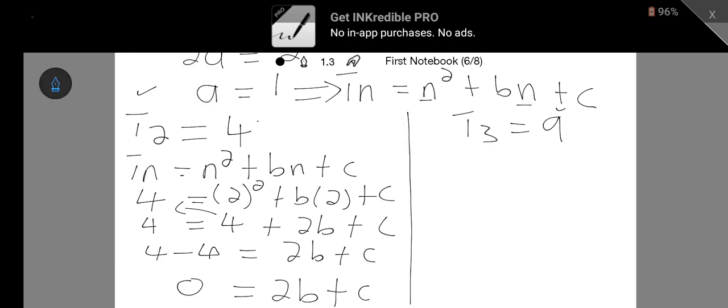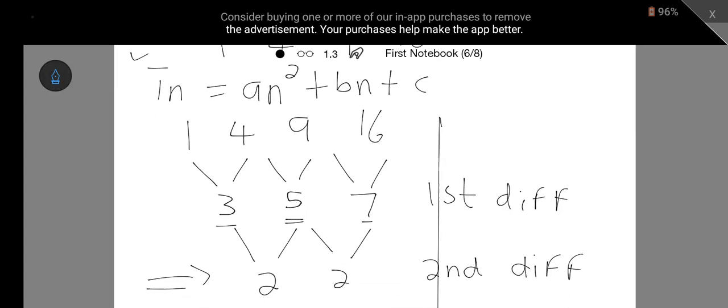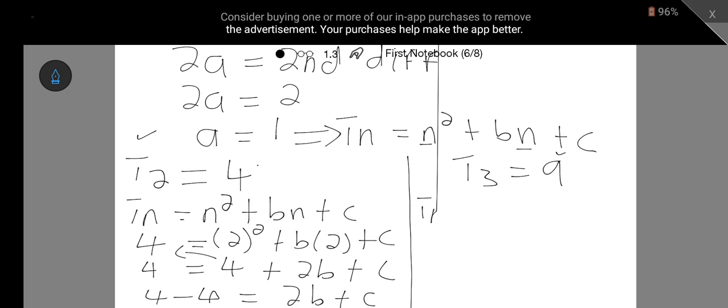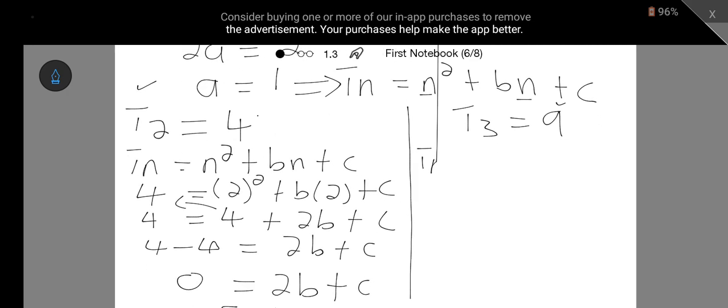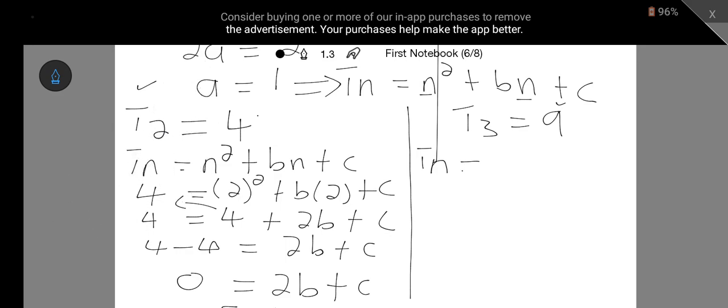Now I'm going to write the equation again: Tn is equal to n squared plus Bn plus C. Now for Tn, I'm going to plug 9 because Tn stands for the value, and n stands for the position, which is position 3.